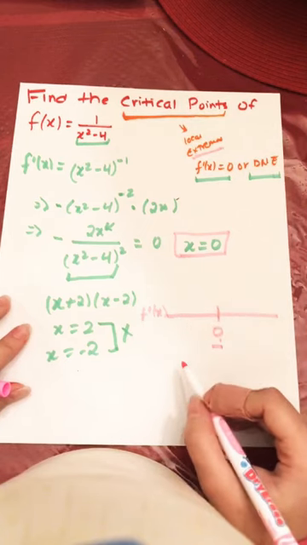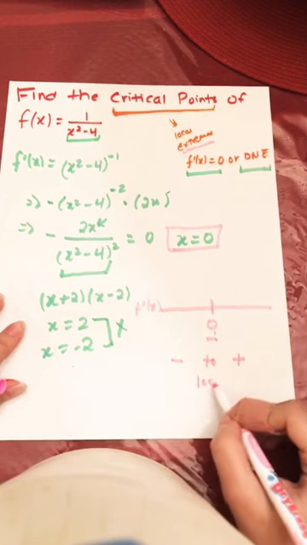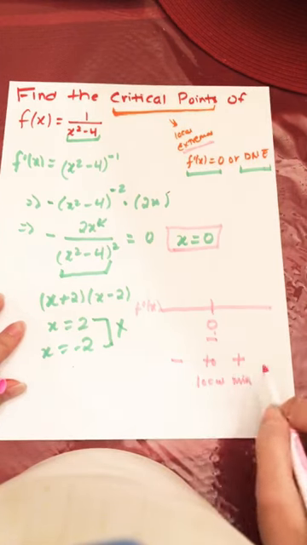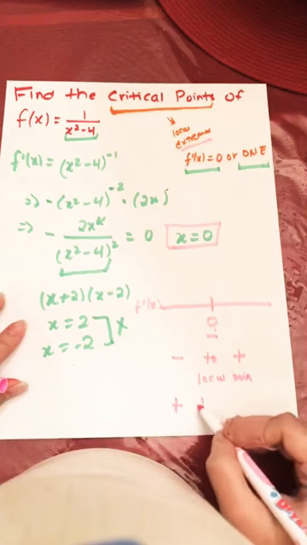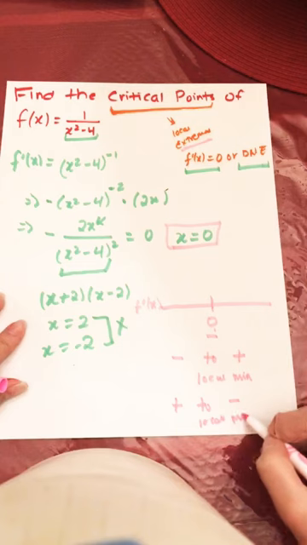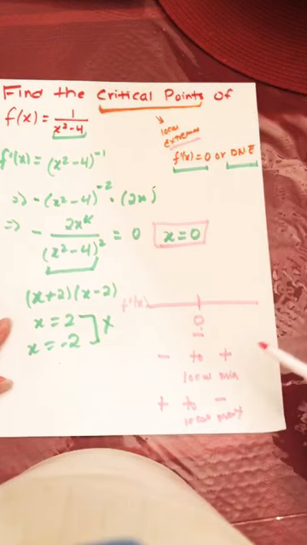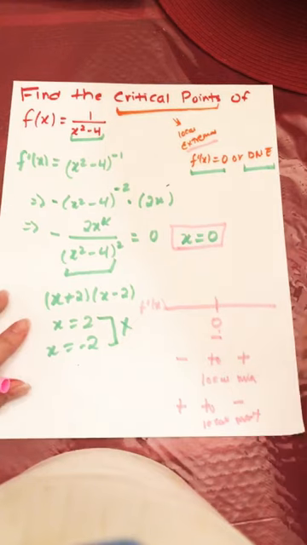If it changes signs from negative to positive, it's the local minimum. If it changes from a positive to a negative, it's a local maximum. And if it doesn't change signs at all, then it's neither. Hope that helps.